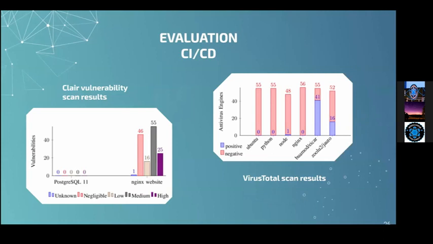As you can see from Clair vulnerability scan results, it did not detect any vulnerabilities on the second project, the Postgres one, but on the Nginx website, there were a total of 143 vulnerabilities, but it still passed the test because the number of vulnerabilities from each category, negligible, low, medium, and high, didn't reach any threshold, and the total sum of the vulnerabilities didn't reach any threshold either. So it passed the test.